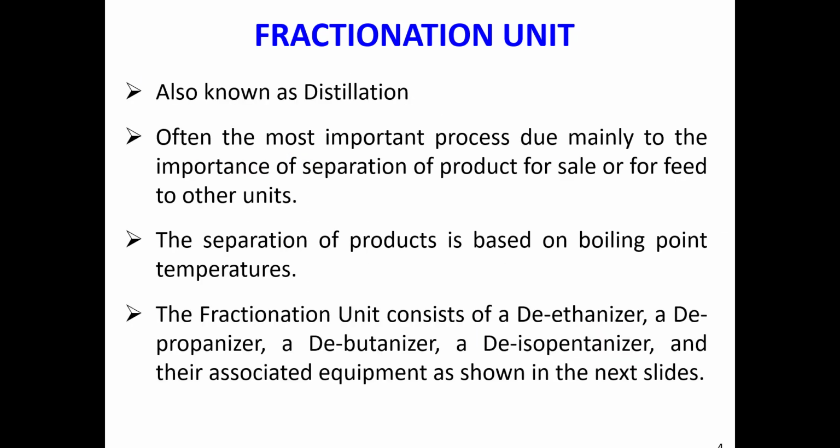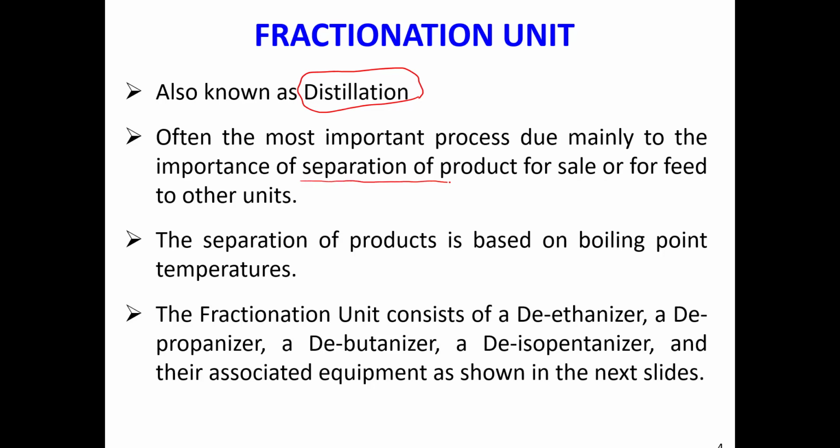We also call the fractionation unit a distillation unit or distillation tower, because we just use distillation towers to separate different fractions, different molecules, based on their boiling point. It's a very important unit because we do a lot of separation.